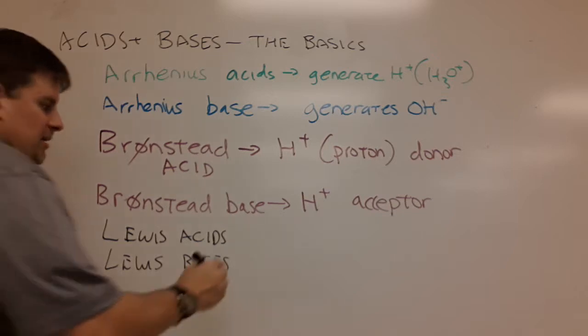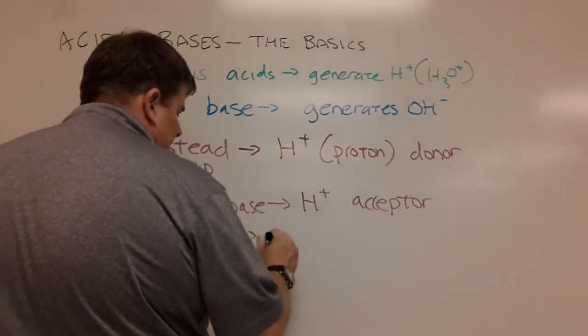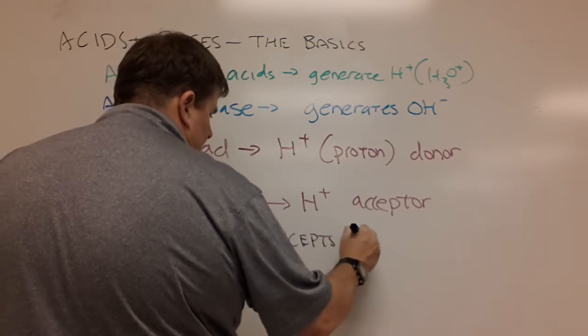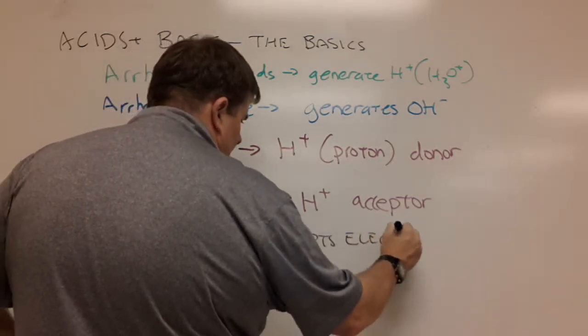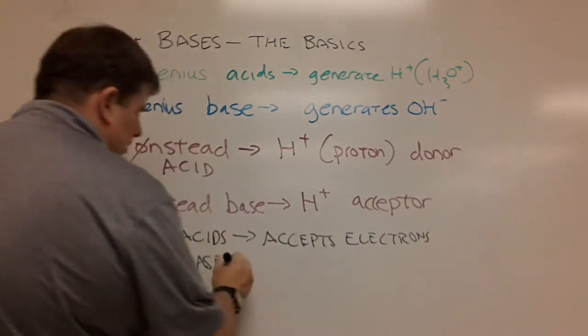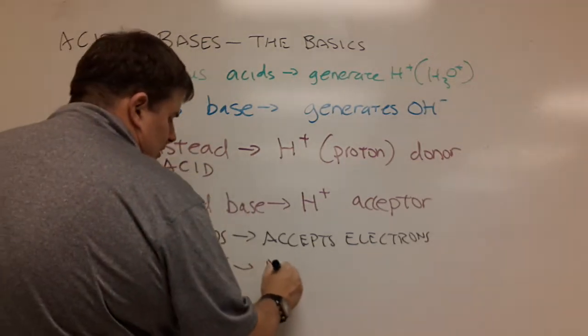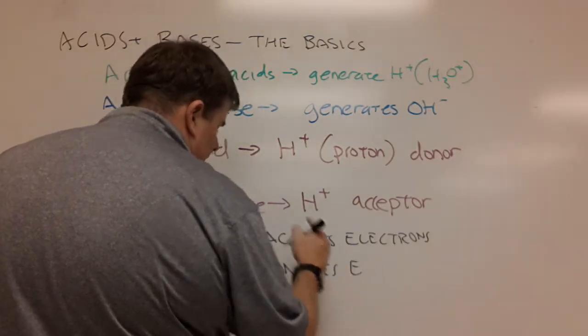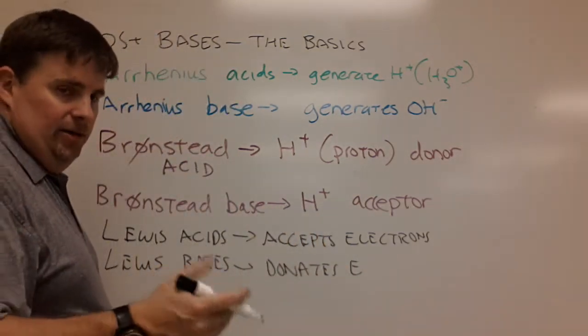Right? The Lewis acid accepts electrons. And a Lewis base donates electrons. So it's kind of the opposite of what you get with Bronsted, but instead of H plus, we talk about electrons.